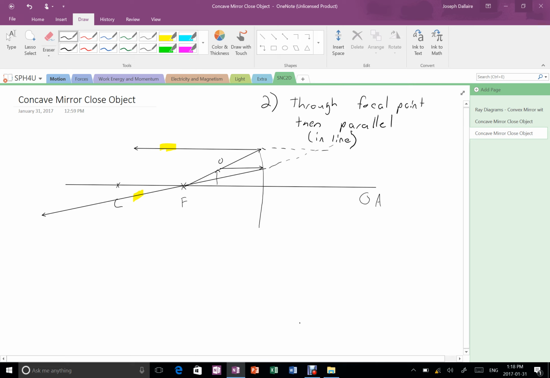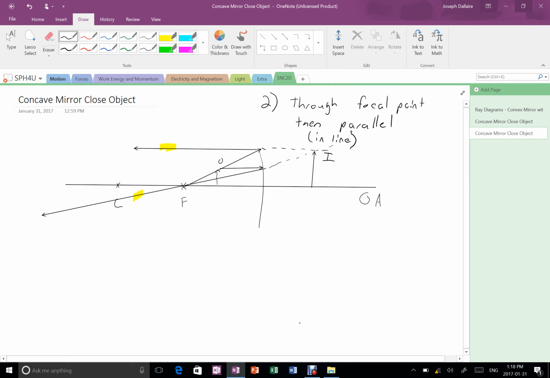And when we do that, we get virtual rays. There's no real light there. It's just where our eye thinks the light should have come from. When we do that, we can see that there's an intersection back here that our eye must think was the source of both of those pieces of light. It's not real, it's virtual.